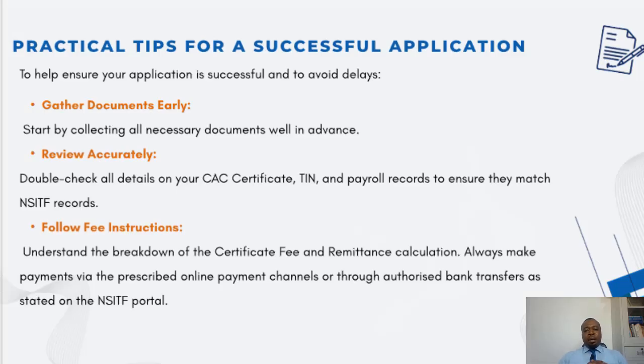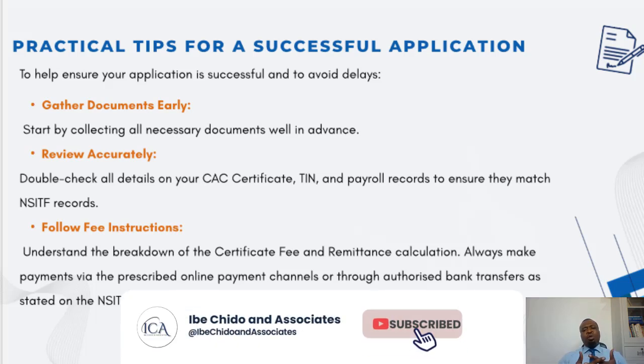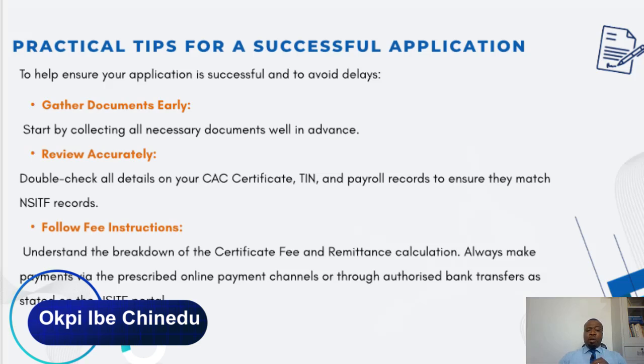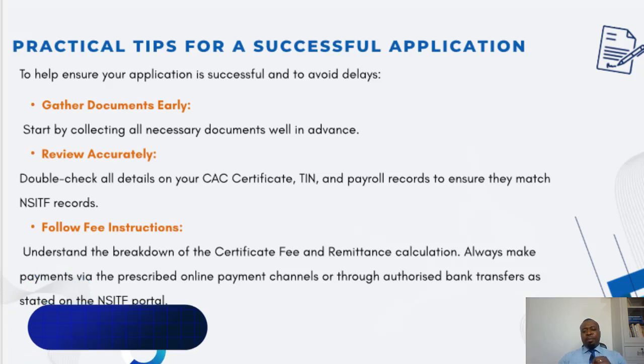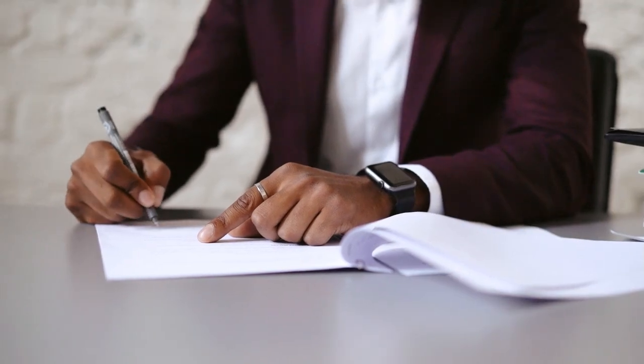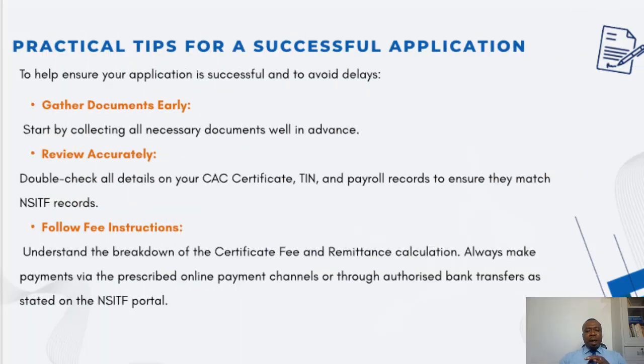Okay, for the practical tips for a successful application, to ensure your application is successful and to avoid delays, you have to gather your documents early. That is, you have to start collecting all necessary documents well in advance. And also, very importantly, just like I mentioned earlier, you have to double check all details on those documents, for instance your CAC certificate, your tax identification number, and the payroll records, to ensure they match NSITF records.